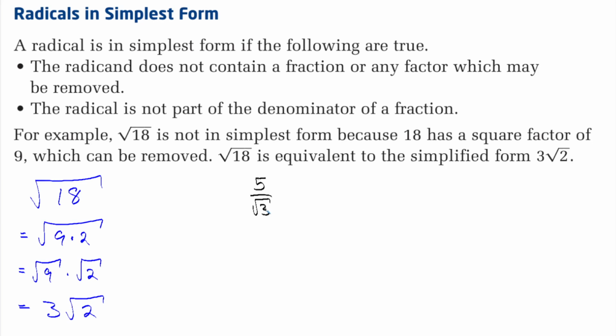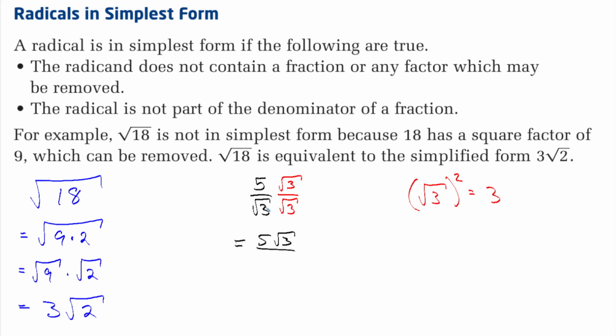If I want the square root of 3 to not be a square root, well, the square root of 3 squared would be 3. And to square the square root of 3, I'm going to multiply it by itself. So I'm going to multiply the top and bottom of this fraction by the square root of 3. What that's going to do is on top, I'm going to wind up with 5 root 3.